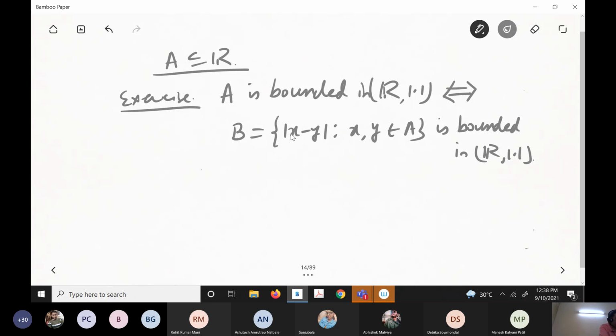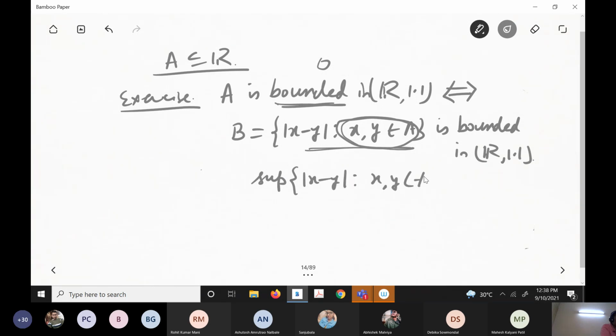Here you are taking the reference point 0, but here I am not taking a reference. Everything I am doing is in terms of the points of A. That means you are taking the sup of this, and the sup of this is finite. Here it is always a non-negative number, so this makes sense.